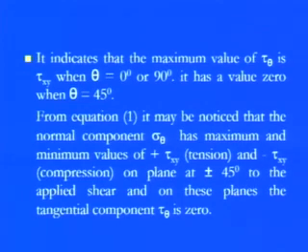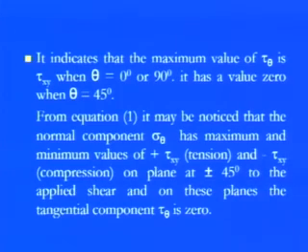From the equations, either sigma theta in equation 1 or tau theta in equation 2, we can easily calculate the maximum or minimum values of the normal as well as the shear stress component. So from equation 1, it may be noted that the normal component sigma theta has a maximum or minimum value of plus tau xy if tensile forces are there, minus tau xy if compressive forces are there, on a plane at plus or minus 45 degrees of rotation.